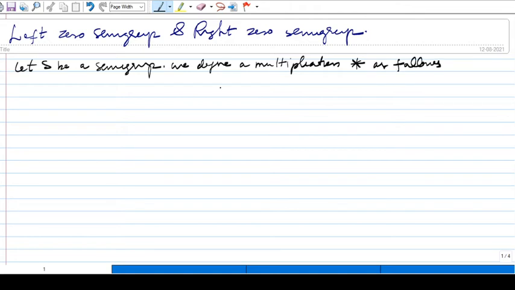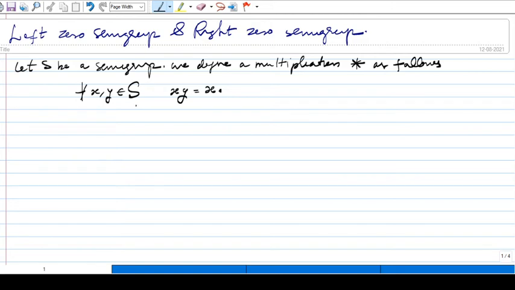So star is a binary operation on the semigroup, and we define it like this: for any x, y belonging to the semigroup, x star y equals x. That means when you multiply two numbers, you get the left number as a result. We know the property of a 0 element: when you multiply with it, you get the 0 element, a two-sided property.